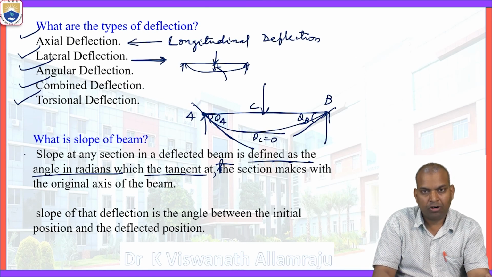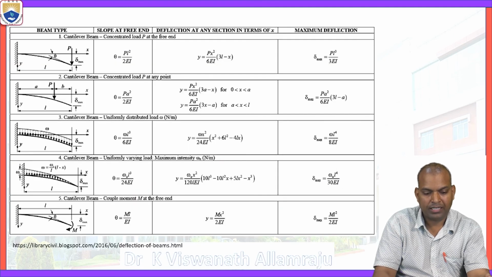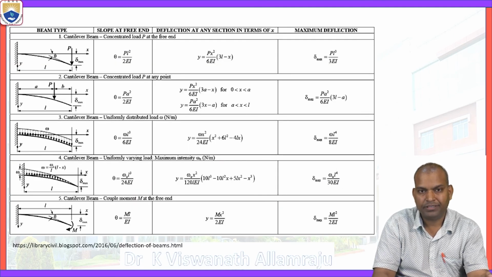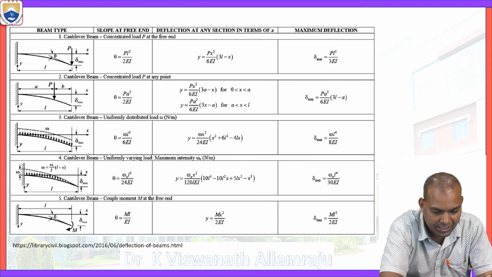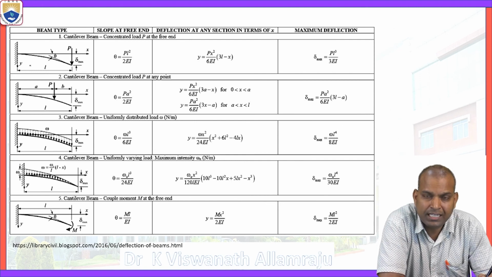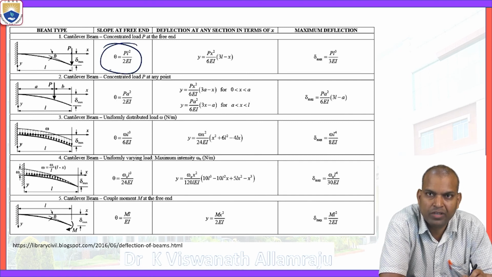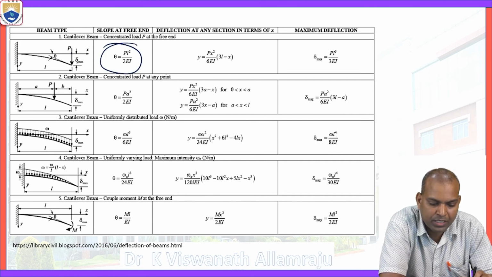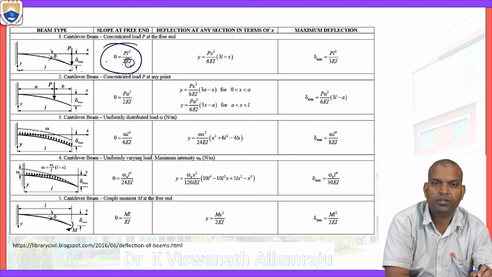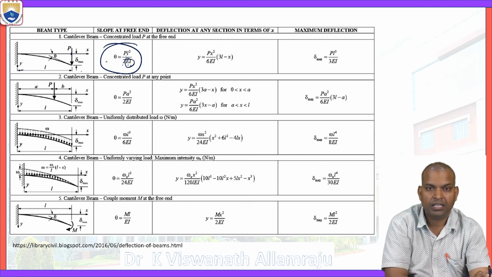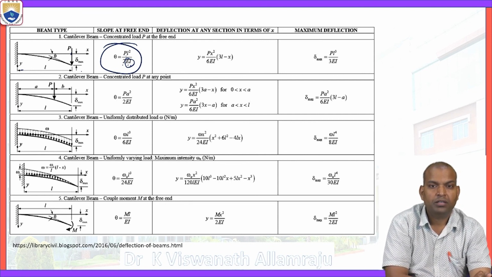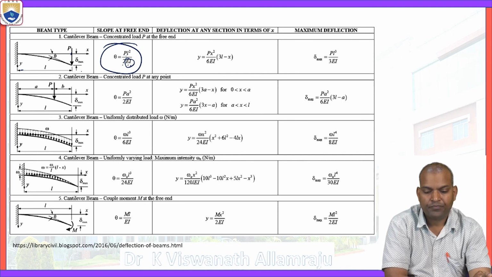By using all these methods and deriving certain formulae, let us see here. It is a cantilever beam with a concentrated load P. The slope for that is PL square by 2EI, where P is the point load, L is the length of the beam, E is the modulus of elasticity of the material, and I is the second moment of area.